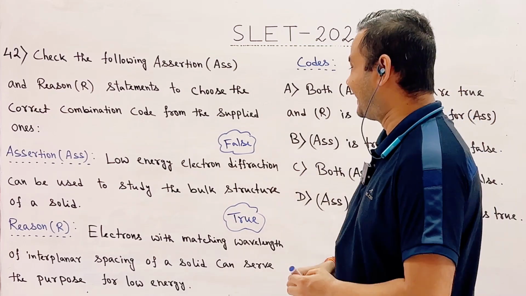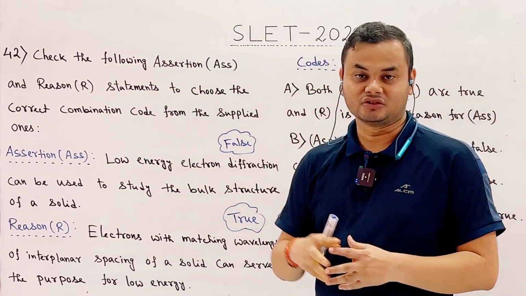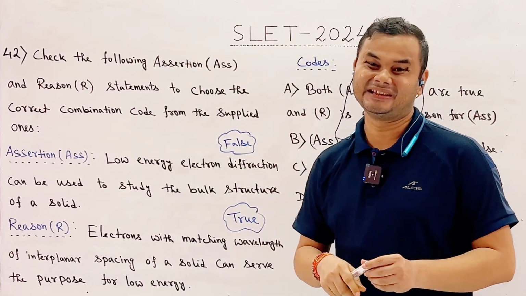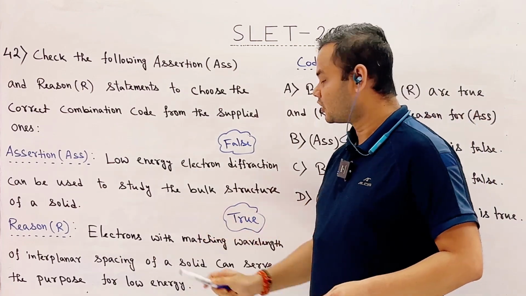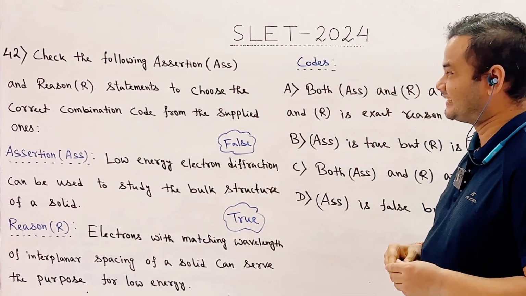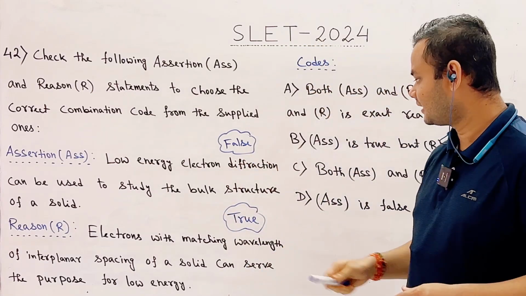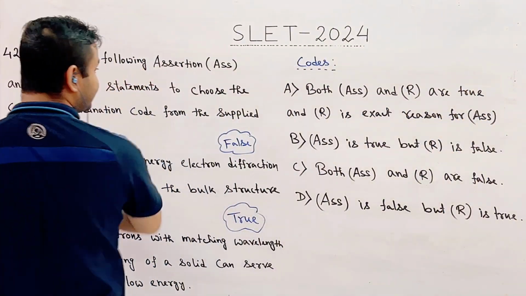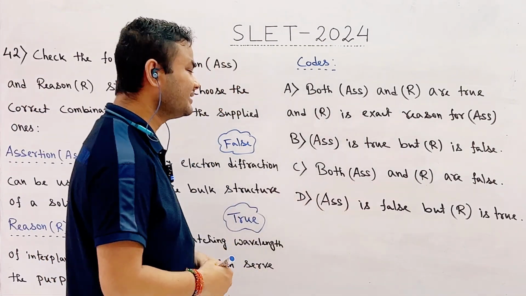It is because in case of low energy electron diffraction, the low energy electrons interact with surface atoms and their wavelengths are comparable to the interatomic distances. So, therefore, this reason is true. So, after analyzing, we have seen that the assertion is false and the reason is true. So, the correct answer of question number 42 is option D. Assertion is false but the reason is true.